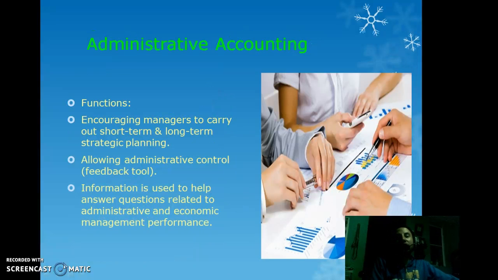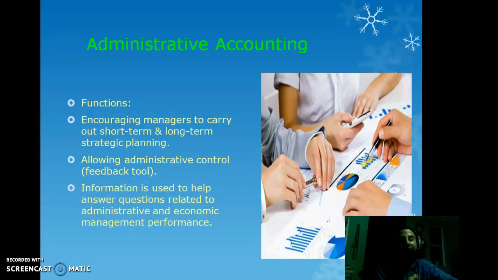Now this is the administrative accounting. This is an information system that facilitates the internal functions like controlling and planning. It also helps to take decisions in a company because it has more details than the other ones. You can find in an easier way the expenses, costs.